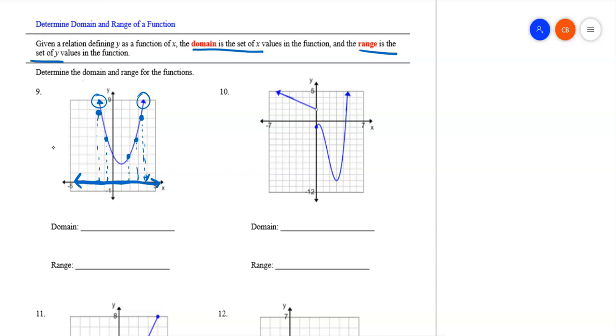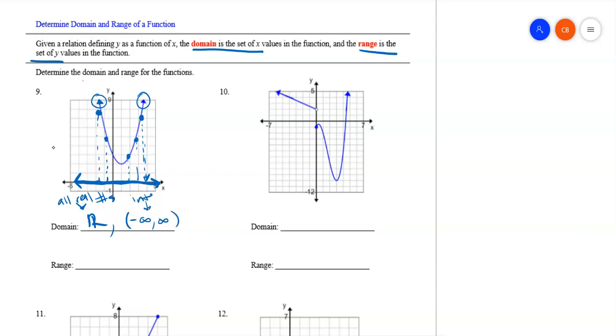And so the domain, we can write this a few ways. We can say that the domain is just all real numbers. That's what this symbol means, a bold-faced capital R. This means all real numbers. We also could write it another way, in interval notation, which goes negative infinity to infinity.